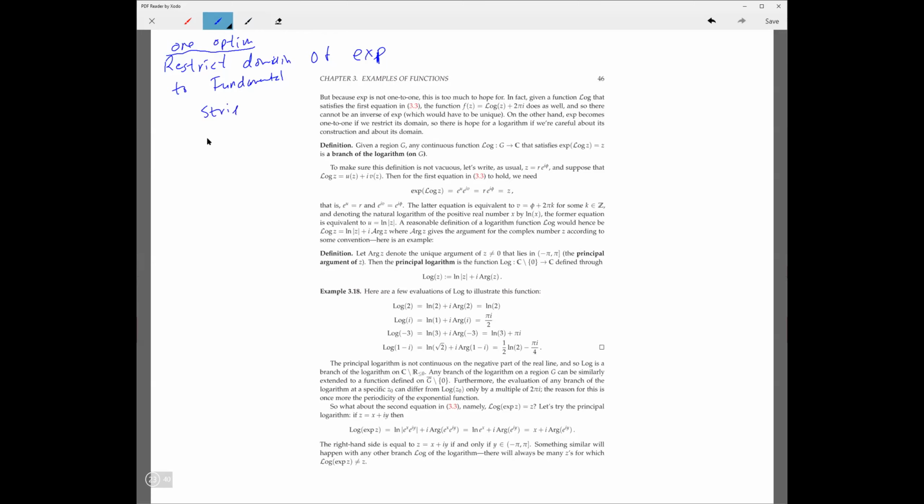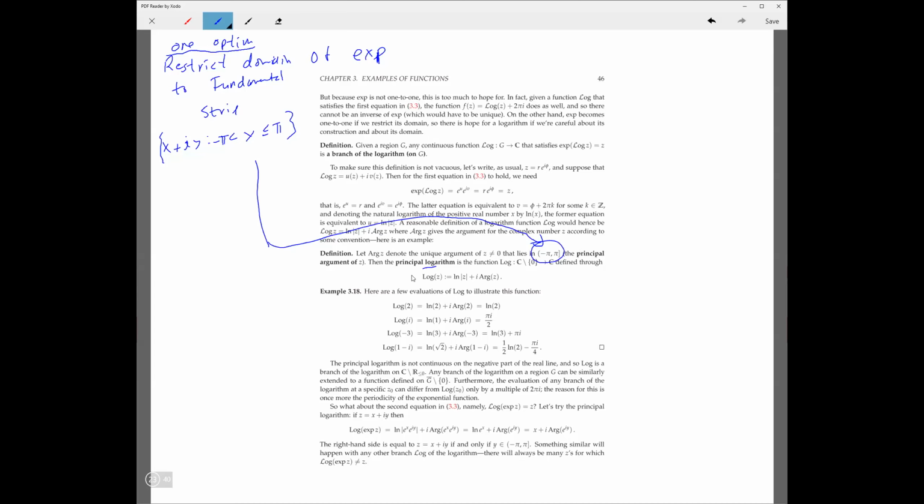That is x plus iy, such that y is between negative pi and pi. And that's exactly what they're doing right there. So you're restricting the exponential function to this set right here.